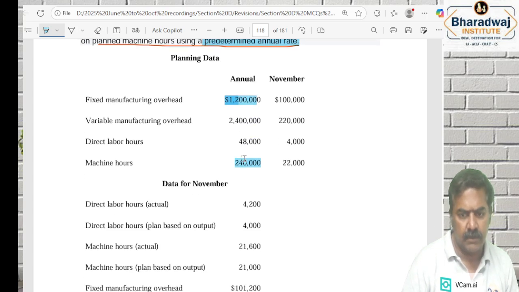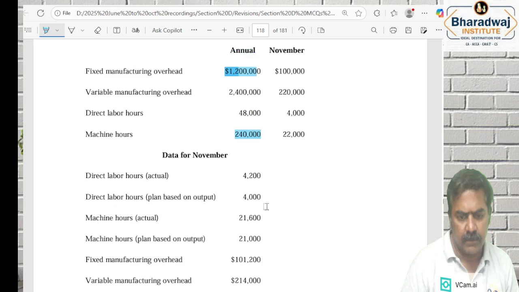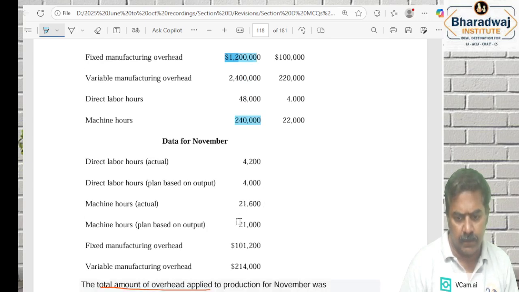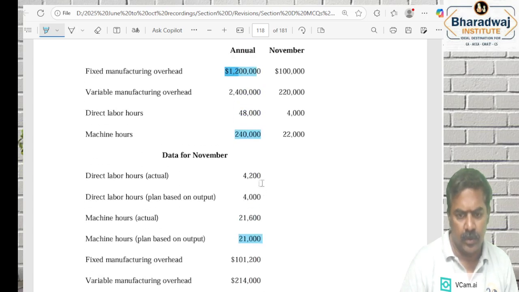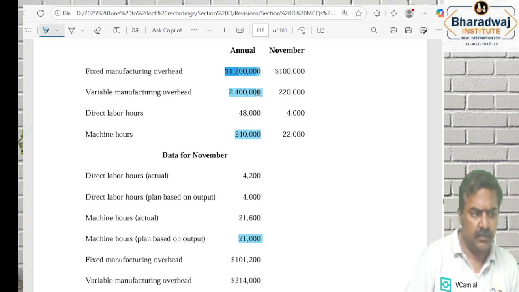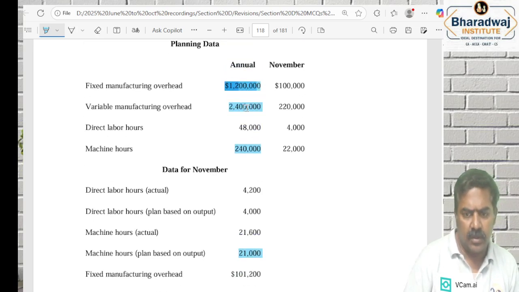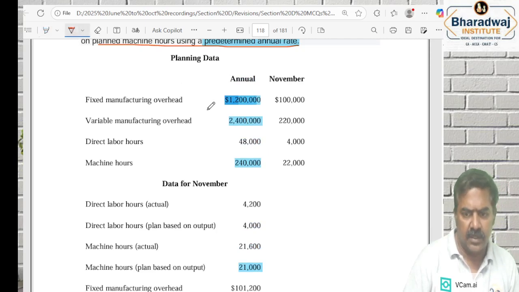Not actual. Standard allowed for the actual. There is a variable manufacturing overhead also. So let us take the total, because everything is based on the annual predetermined rate.